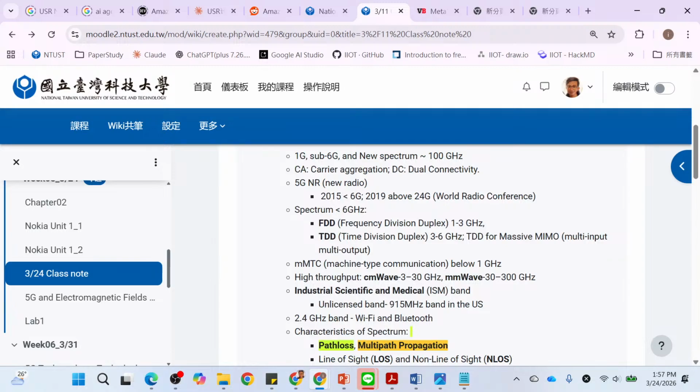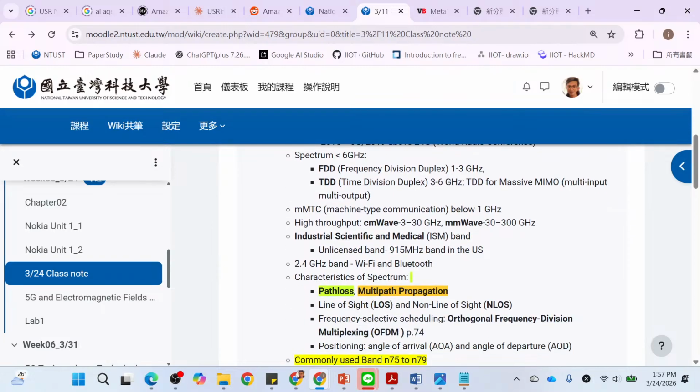Okay, so usually we may have FDD, TDD, and also for machine type communication, usually it will run under 1 gigahertz.